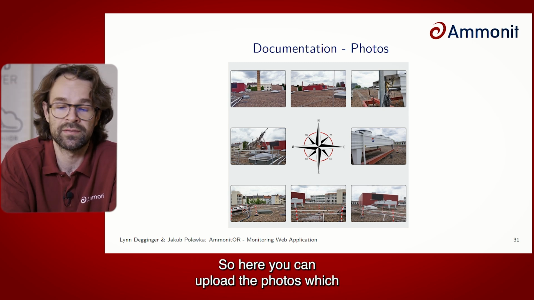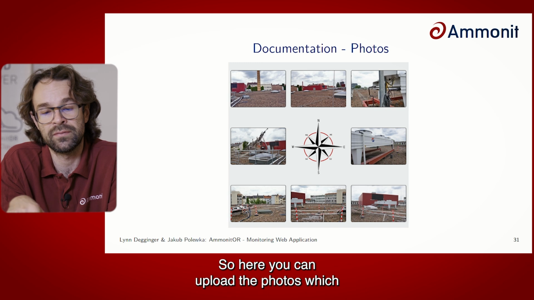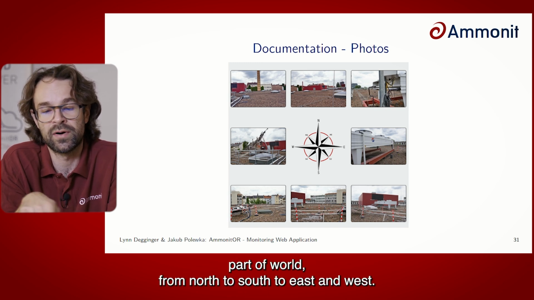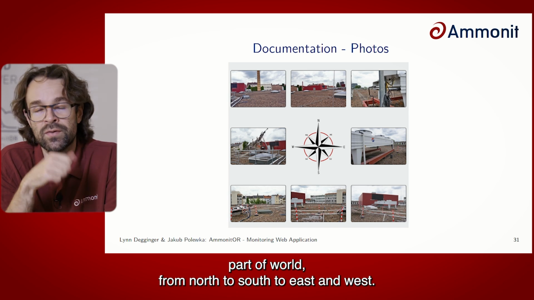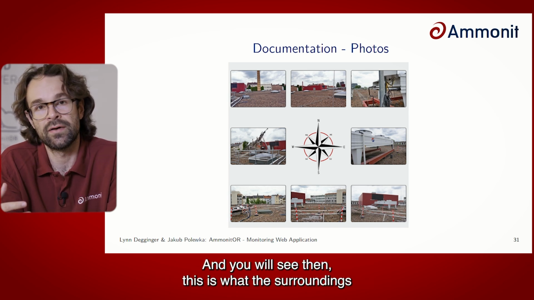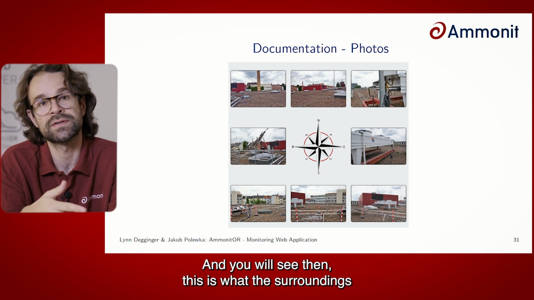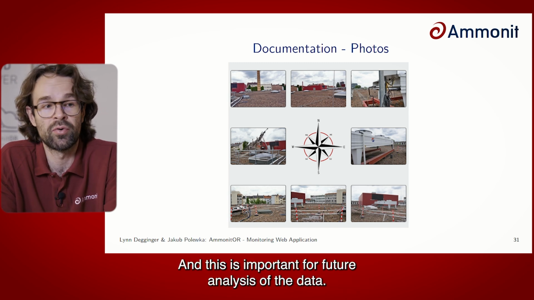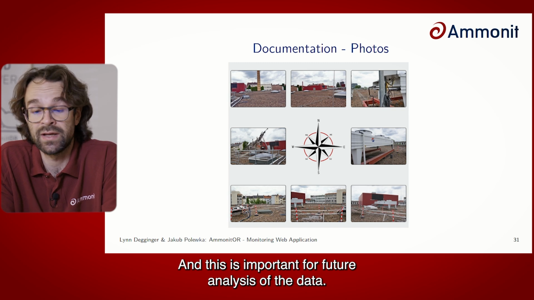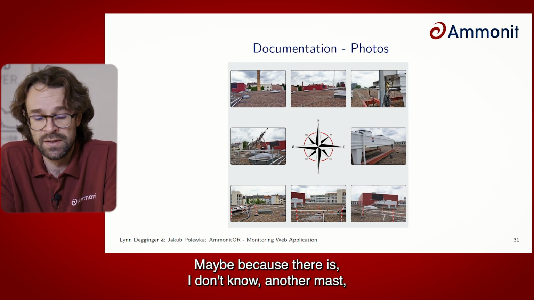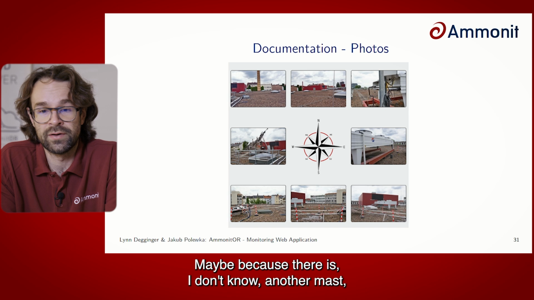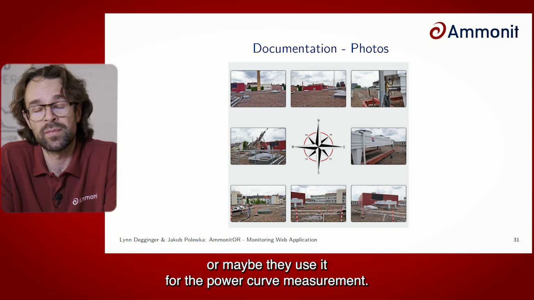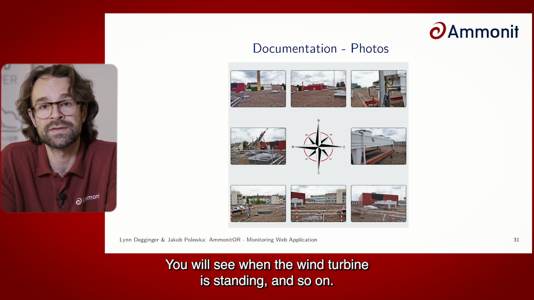So in here you can upload the photos from every single part of the world, from north to south to east to west, and you will see then, okay, this is how the surroundings of my meteorological mast looks like, and that is important for future analysis of the data, maybe because there is another mast, or maybe you use it for the power curve measurement. You will see when the wind turbine is standing and so on.